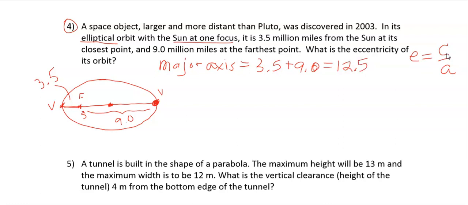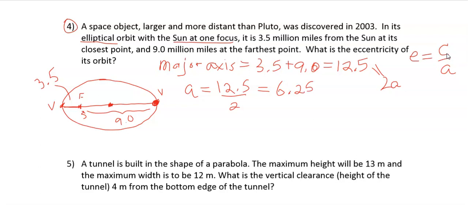Now, if that's the length of my major axis, remember, that's 2a, isn't it? That's 2a. So if I were to divide that by 2, a should be 12.5 divided by 2. And if my old memory serves me correctly, that should be 6.25. There's your a. You see that?